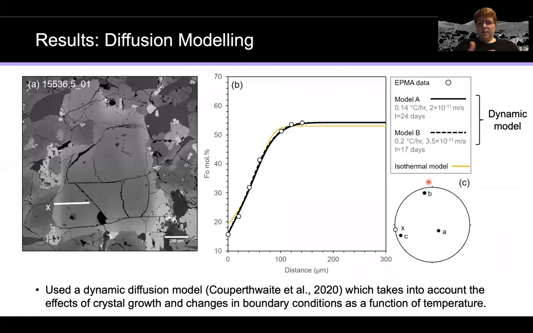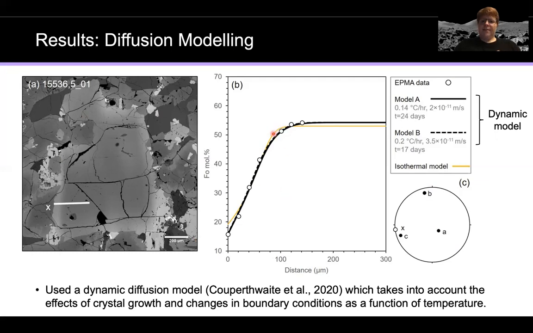So as mentioned just then, we had crystal growth and cooling rate input into our models. Now, this is different to some of the initial models we tried. We initially used an isothermal model with a set temperature, and this is shown in yellow on this plot here, where we've taken an example traverse across the crystal shown on the left.